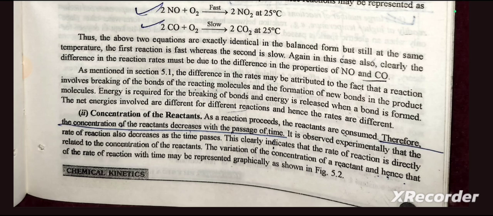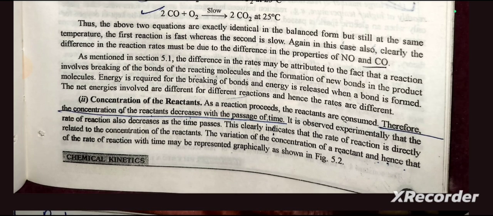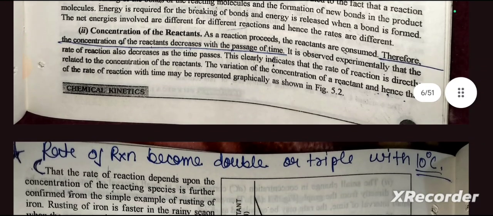Thus, the above two equations are exactly identical in the balanced form, but still at the same temperature the first reaction is fast, whereas the second is slow. Again, in this case also, the difference in the reaction rates must be due to the difference in the properties of NO and CO.